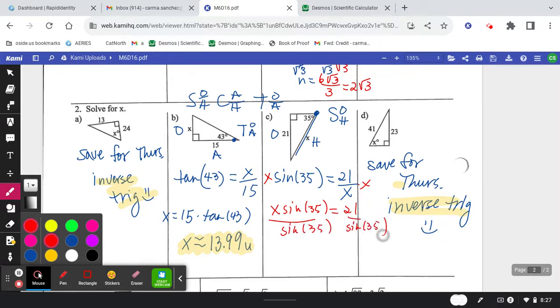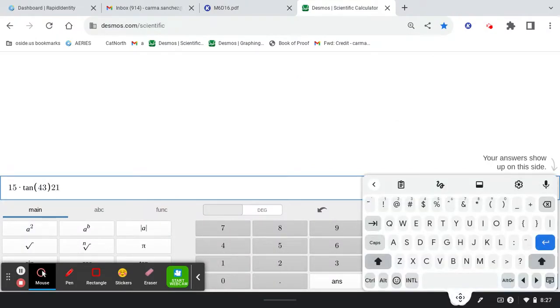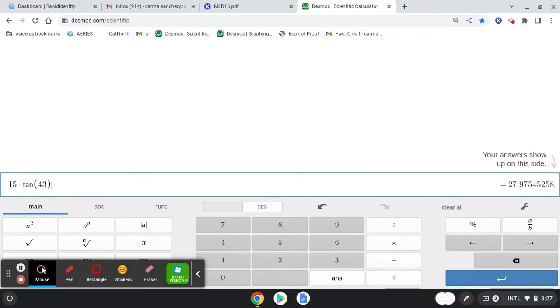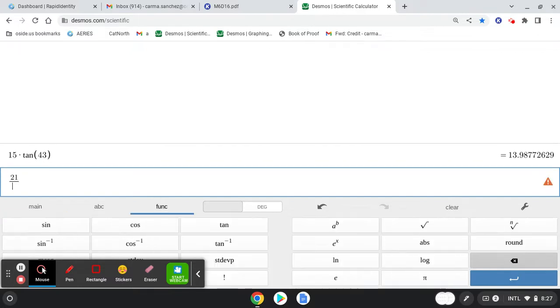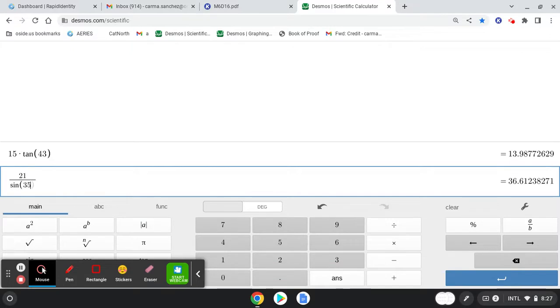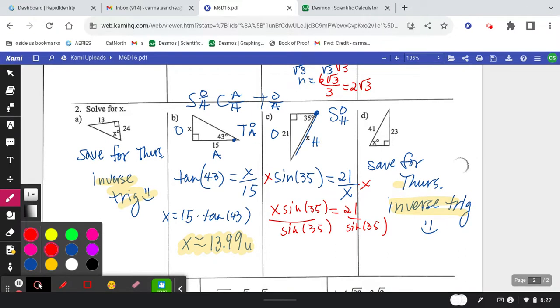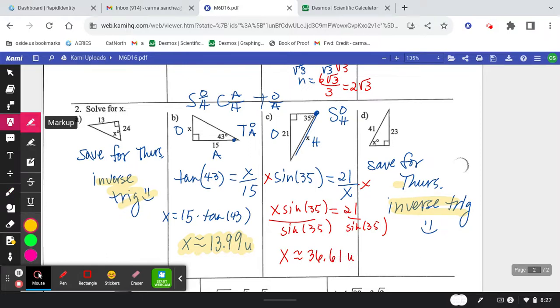So 21 divided by the sine of 35. All right, I'm getting 36.61. And U for units. How'd you do?